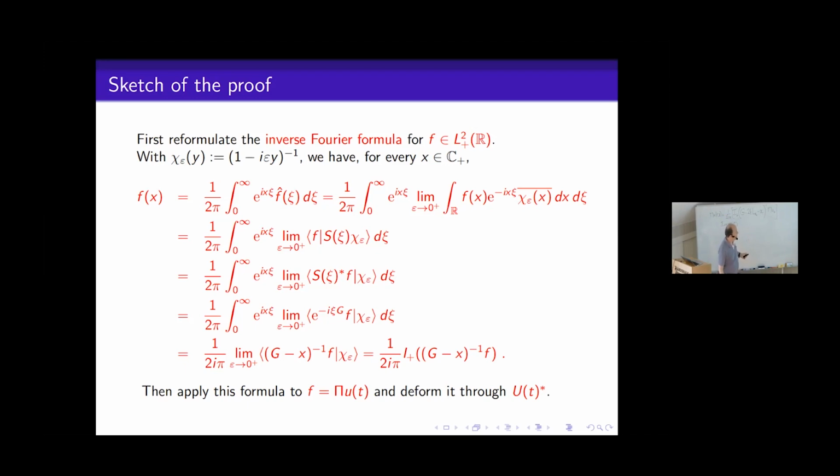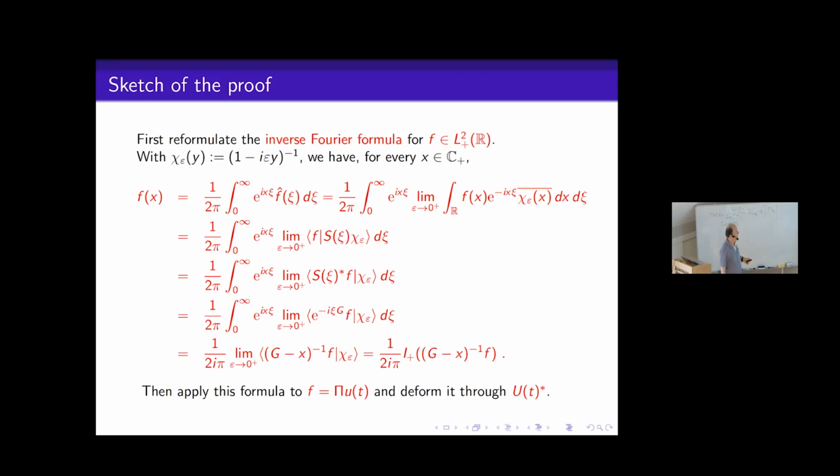And then I replace f hat of xi by its value, which is a limit in L2 by the Plancherel theorem. Remember Plancherel, prove this theorem just by saying that I have a limit in L2 of the Fourier transform of f times something, which for a given epsilon is in L1.